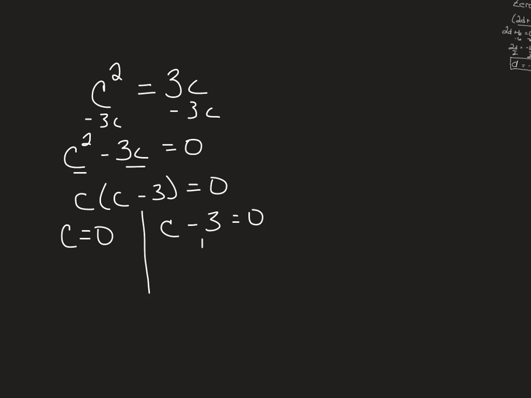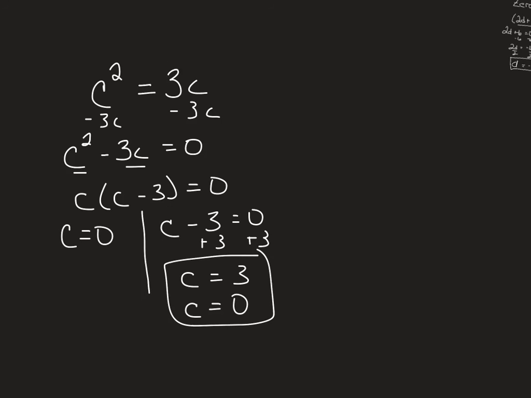And if I add 3 to both sides, we get 3. So c could be 3 or c could be 0. Two solutions here. Okay, remember, on one like this, don't divide by c. Subtract that 3c from both sides so that you have set the equation equal to 0.